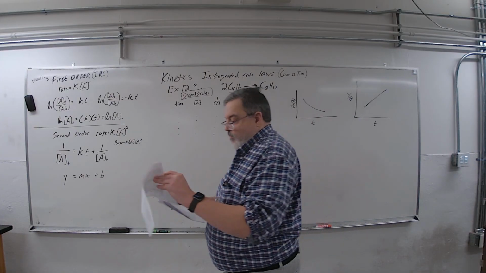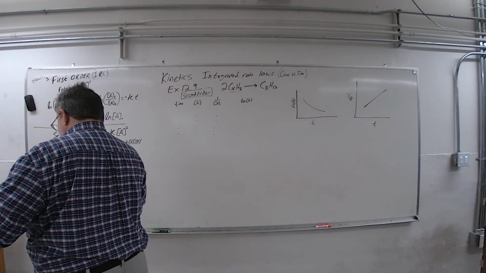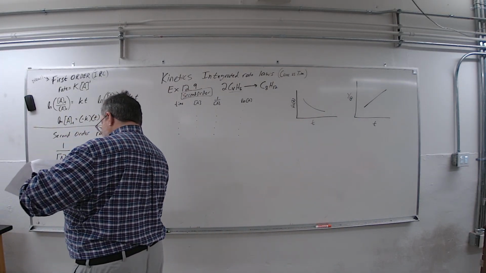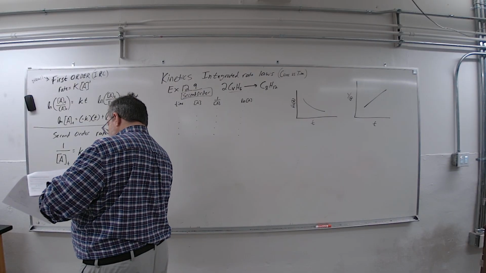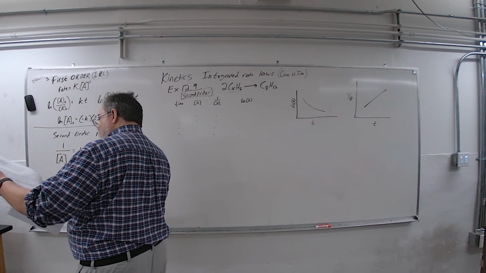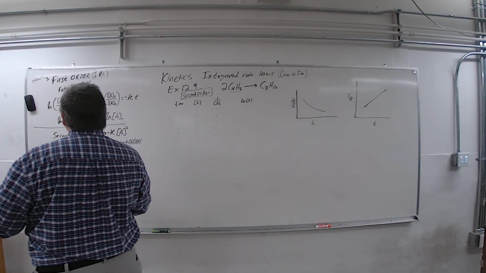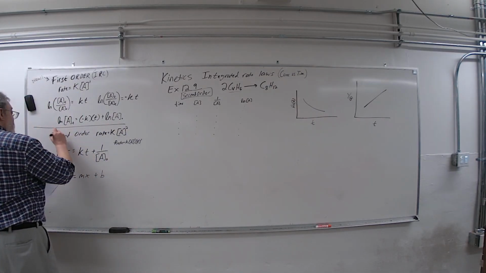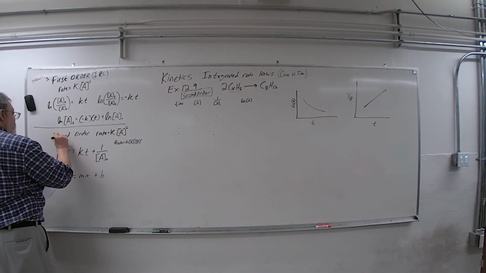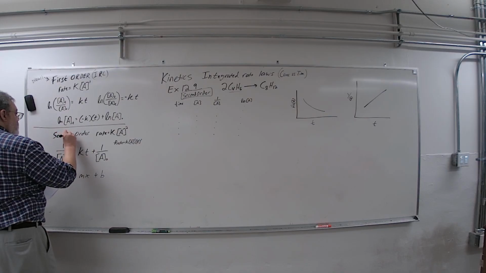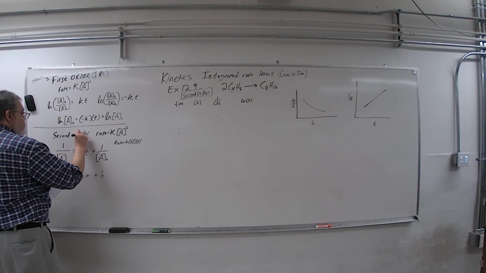So now I'm back to 12.8, 12.7, 12.8. So what's missing here is 0 order. Again, I'm going to give you all these equations.